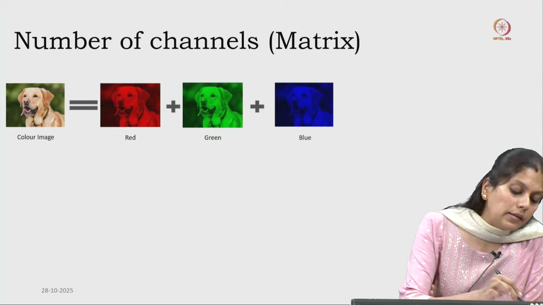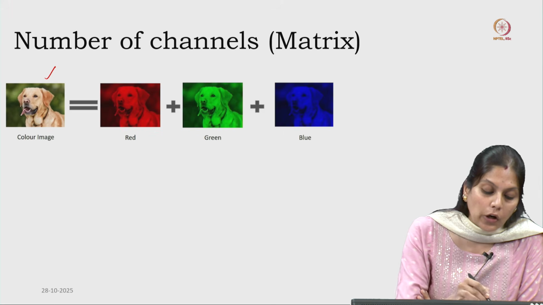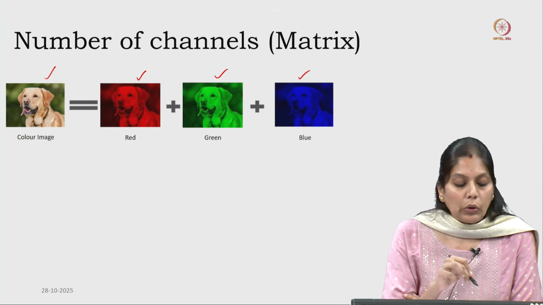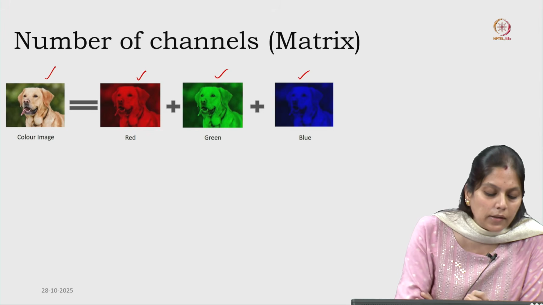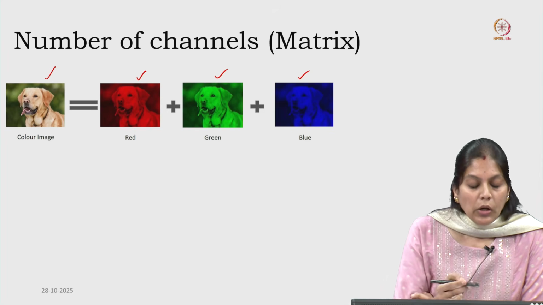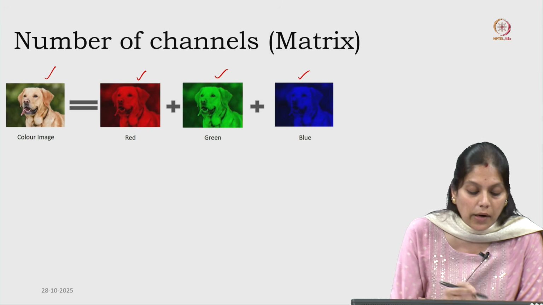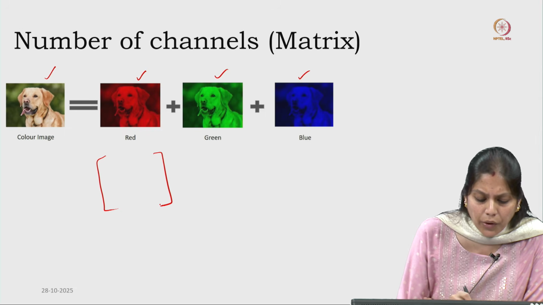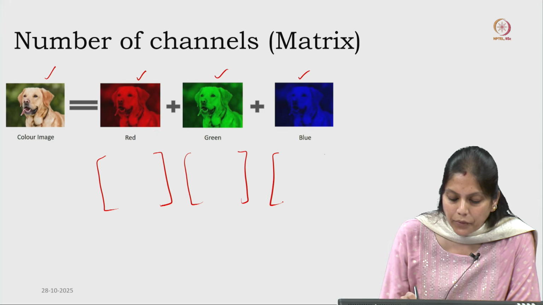This color image is a combination of R, G and B components. For red this is one image, green is one image, blue is one image. We have seen from the previous slide that an image is represented as a matrix. So, for red we will have a matrix, for green a matrix, and for blue a matrix.